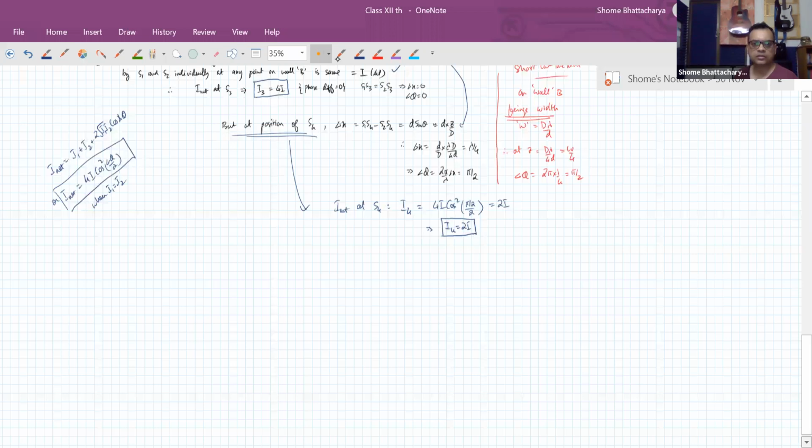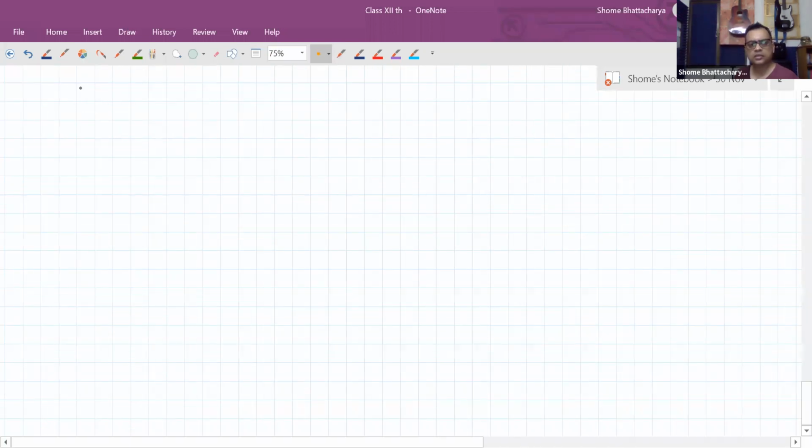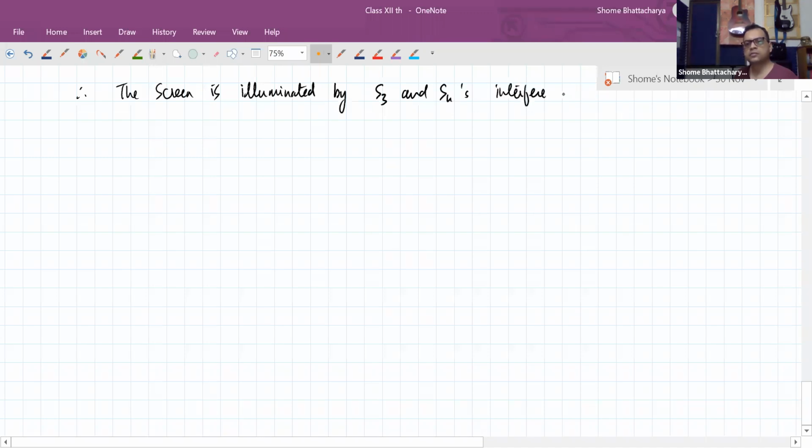calculation, that therefore the screen is illuminated by S3 and S4's interference pattern. Okay.